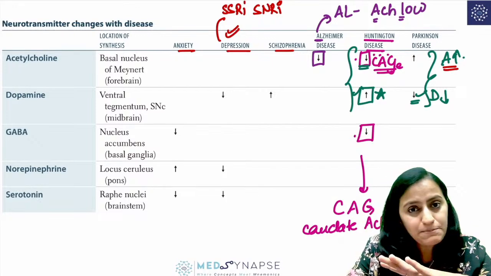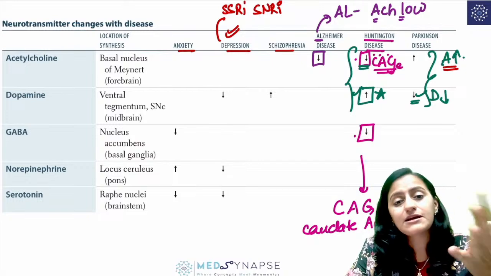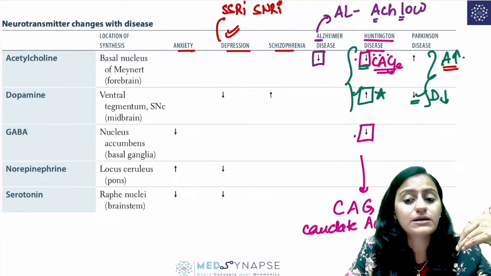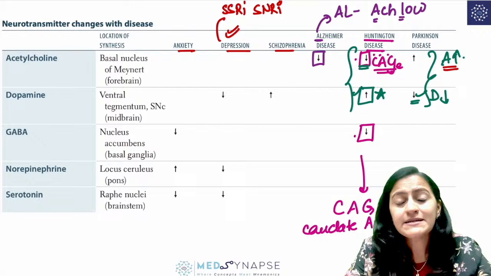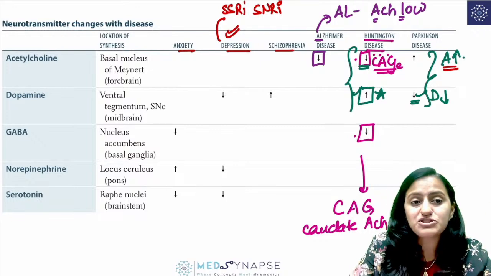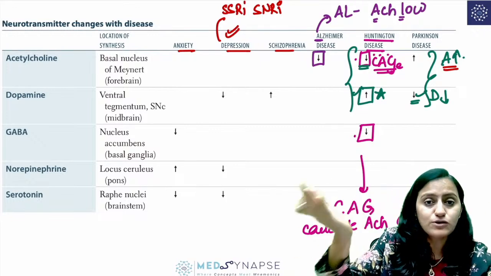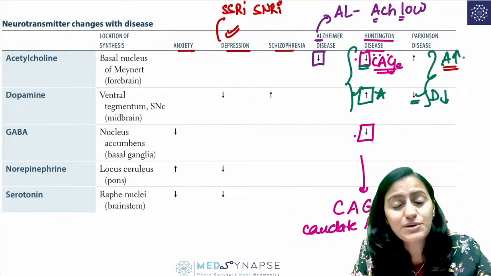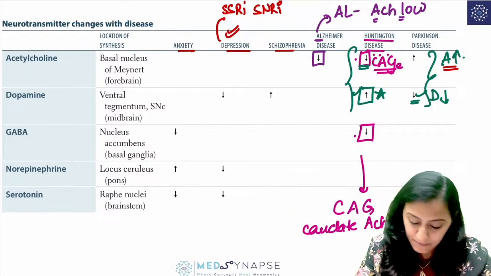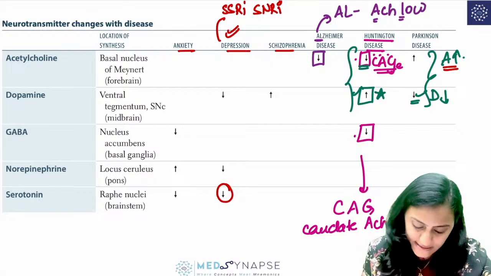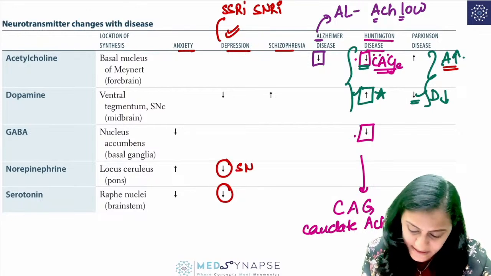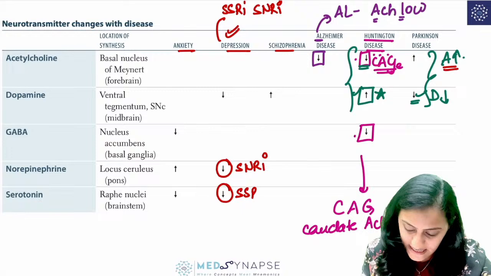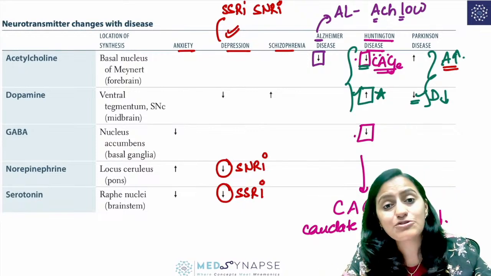By inhibiting the reuptake, they are increasing the serotonin levels. So in treating depression, we want to increase the serotonin. From there you can derive that in depression serotonin is decreasing, norepinephrine is decreasing, so you are giving SNRIs and SSRIs.